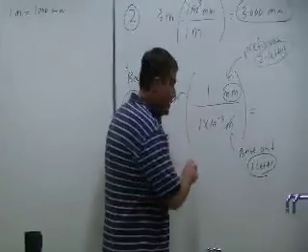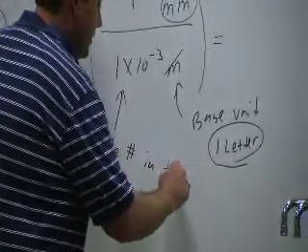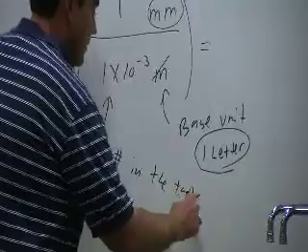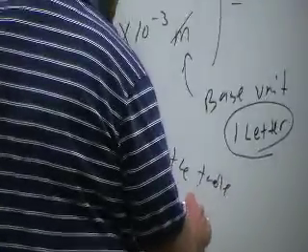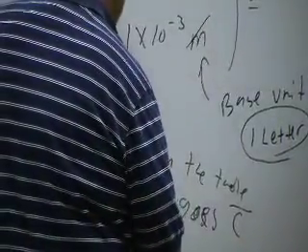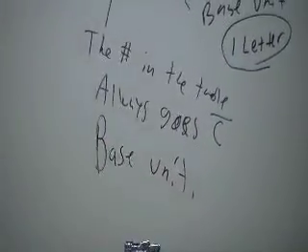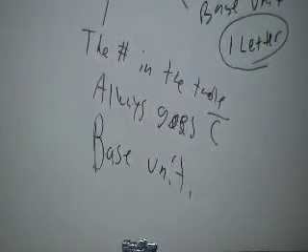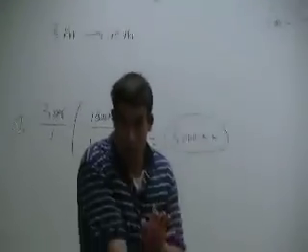The number in the table always goes with the base unit. That means the number in the table always goes next to the one that has a single letter. Always.